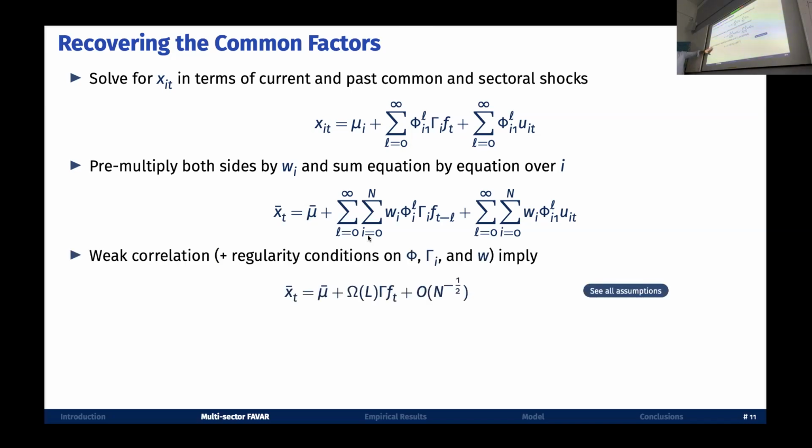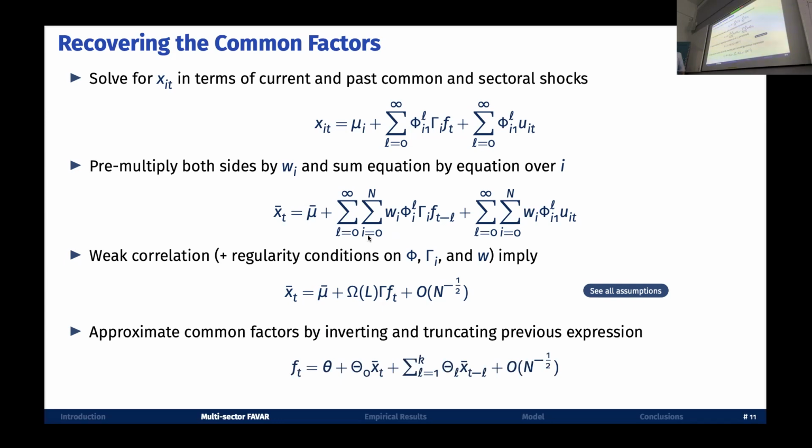And under our weak correlation assumption, plus the regularity conditions I mentioned on the weights, plus you want this process to be non-explosive, I just gave you intuition for why this term basically disappears, which is trivial if you have n large enough, and in our case it's going to be 64, so it's not too bad.